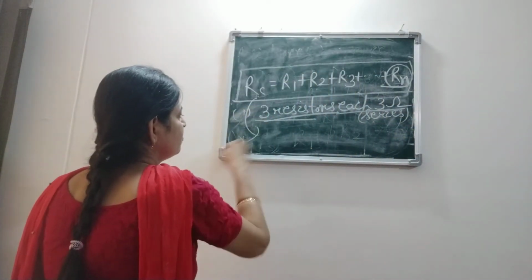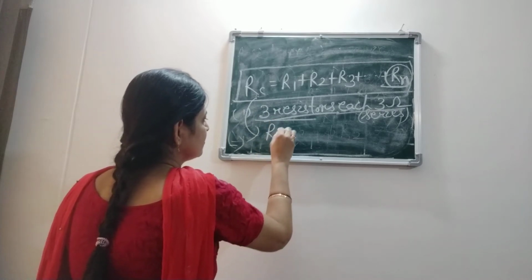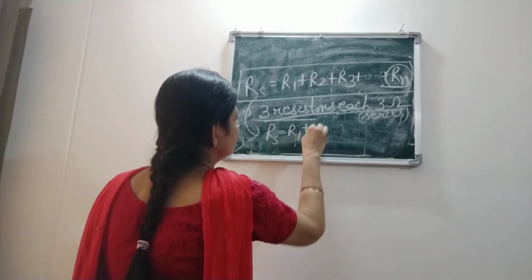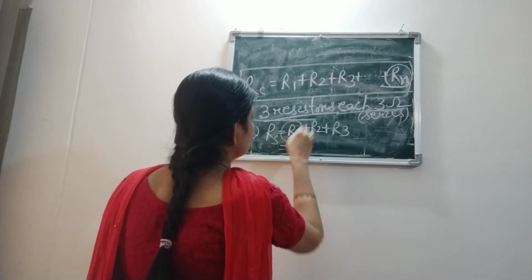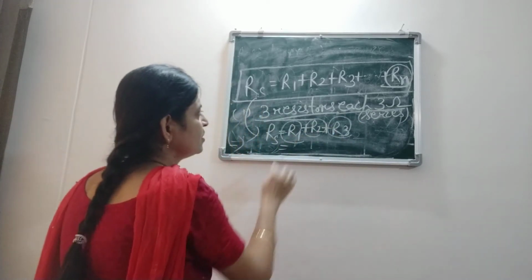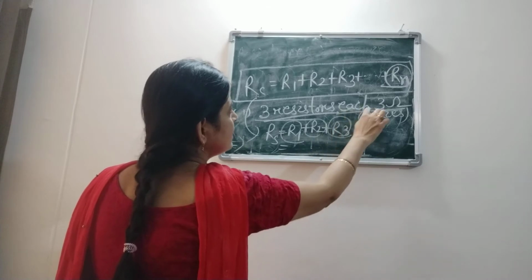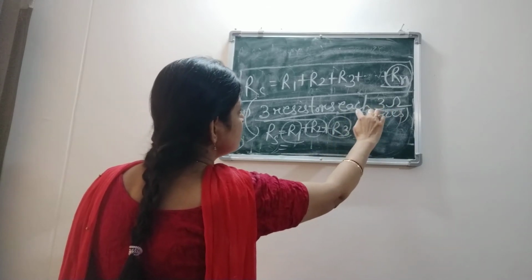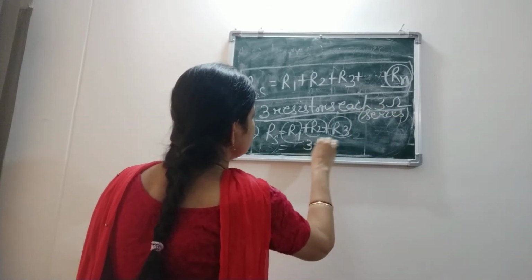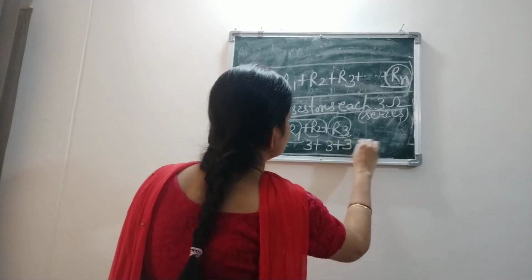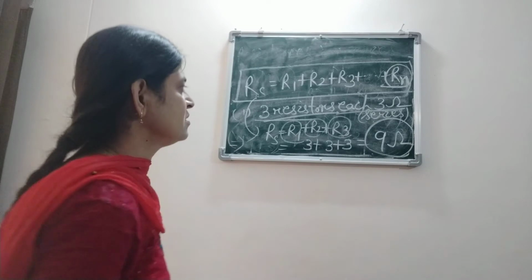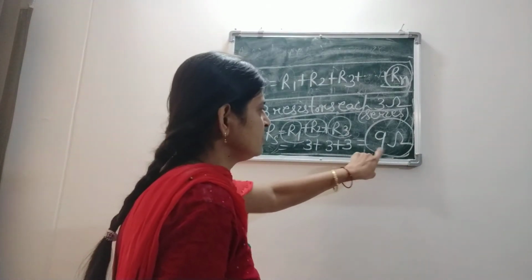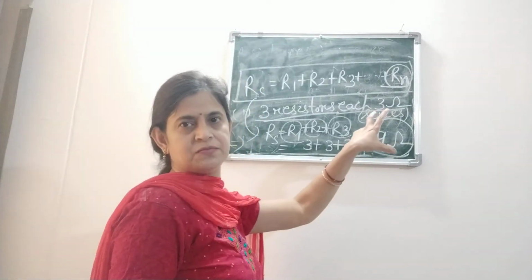So applying this formula, R or Rs is equal to R1 plus R2 plus R3. Now put the values of R1, R2, R3, because these are identical resistors, each of value 3 ohm. So 3 plus 3 plus 3 is equal to 9. That means the value of the resultant resistance is 9 ohm.